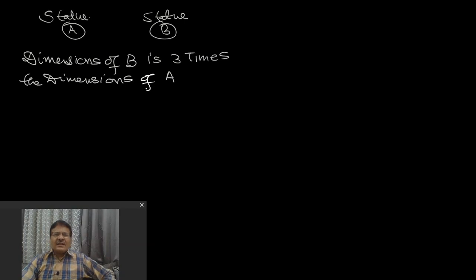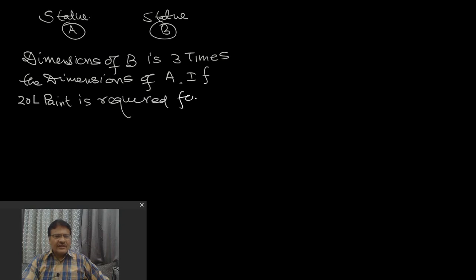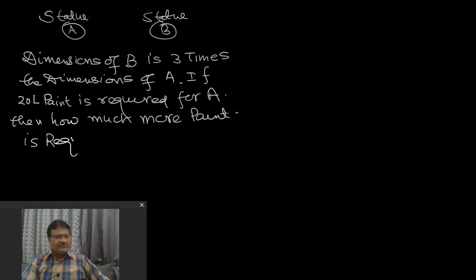Now next. Suppose there is a statue, the statue's name is A, and there is another statue, the name is B. This is given to you: the dimensions of B are 3 times the dimensions of A. If 20 liters of paint is required for A, then how much more paint is required to color B?